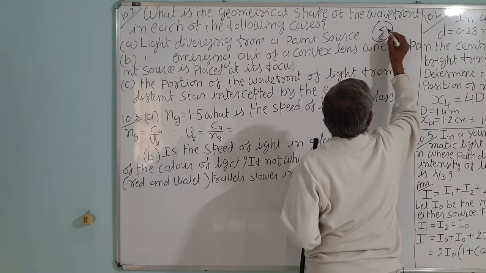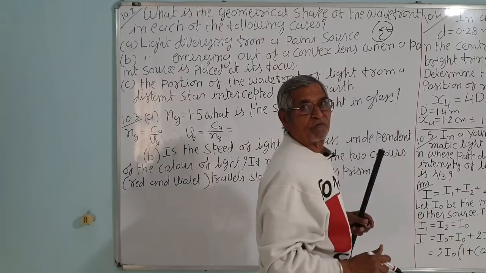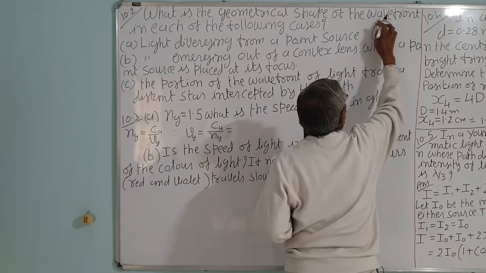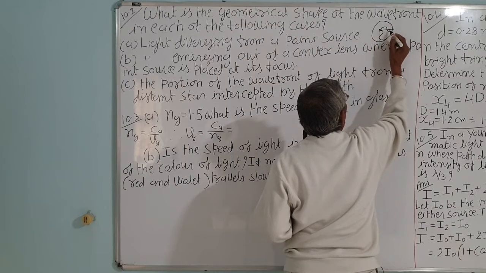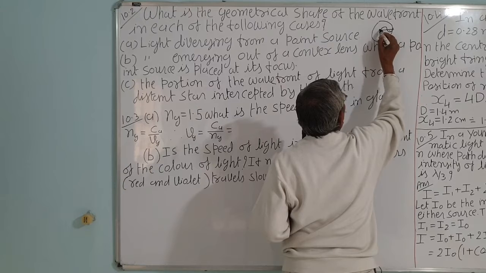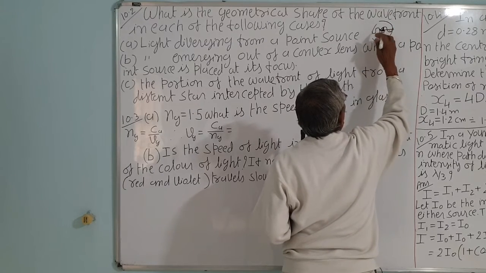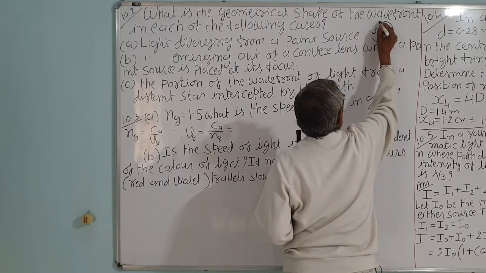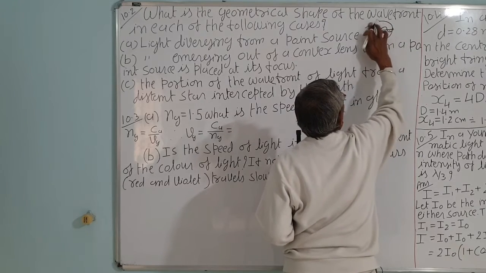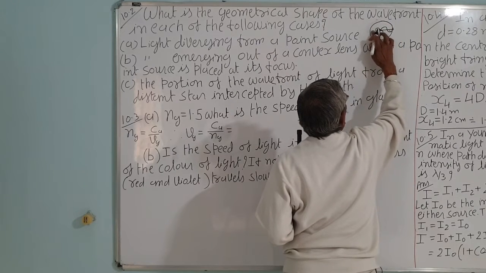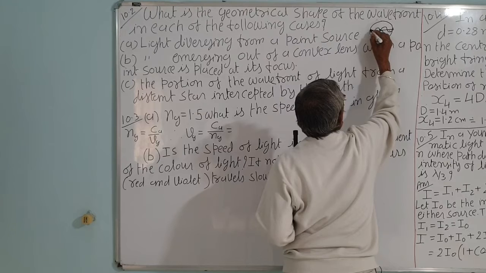This distance is the same. The medium is the same. All waves originating from the point source will travel the same distance. If this travels 1 lambda, this also will travel 1 lambda. It goes in this direction, this will also travel 1 lambda, correct, like this. So all waves will be 1 lambda.